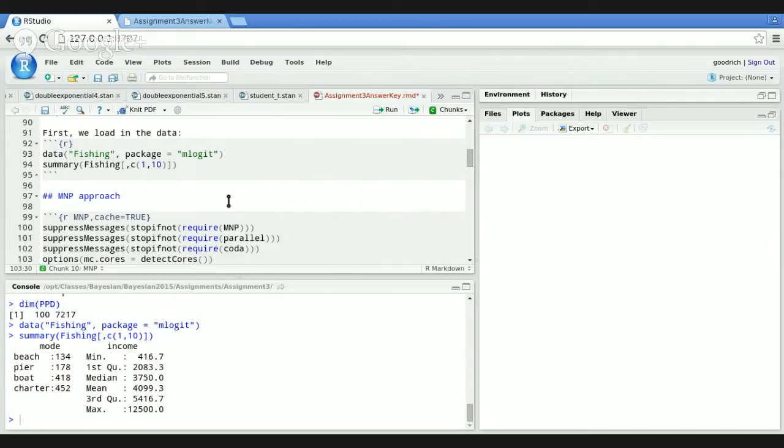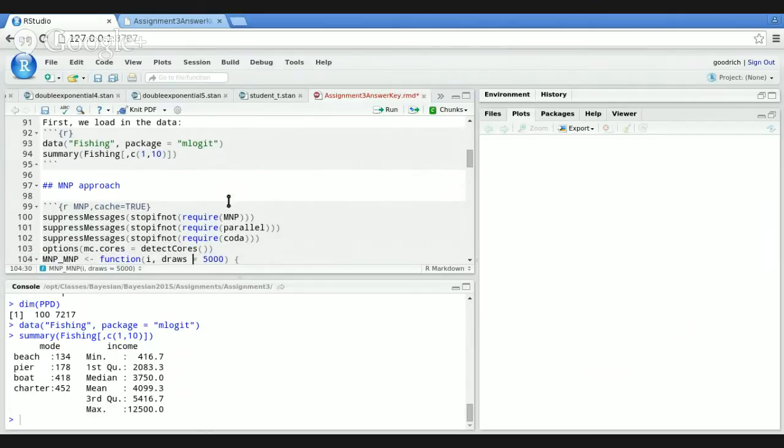In this case, we have 4 ways to fish, and people can choose exactly one of those. This is the sort of data that we observe, although we would typically have more covariates, et cetera.